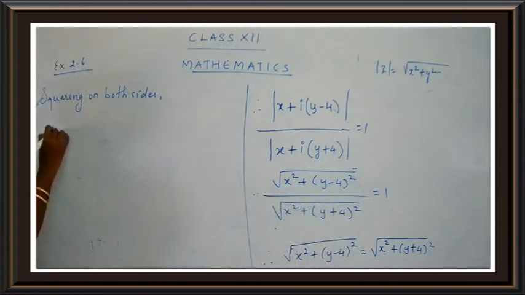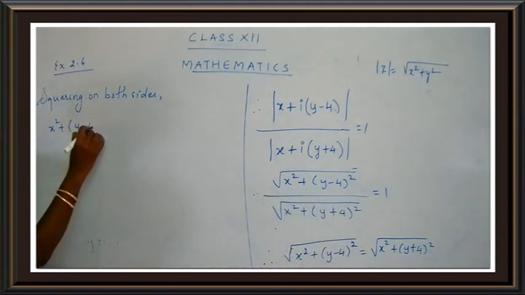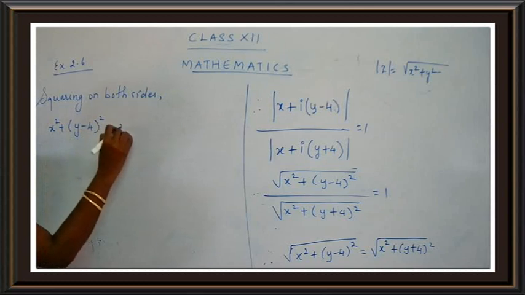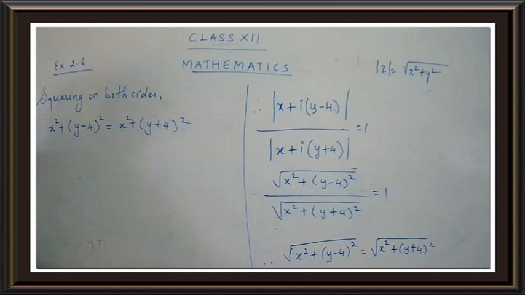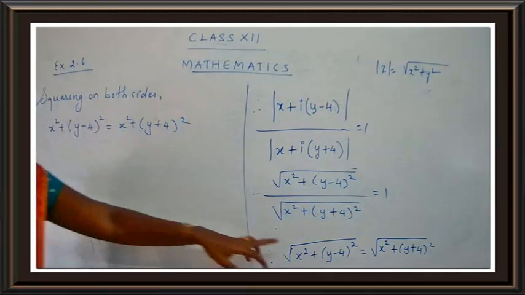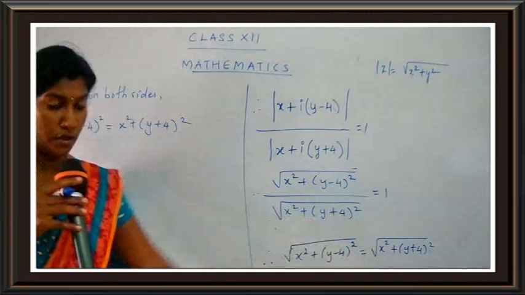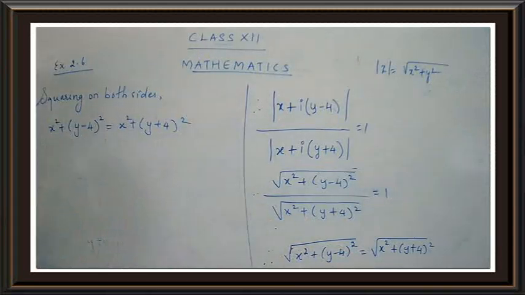So you get x square plus y minus 4 the whole square is equal to x square plus y plus 4 the whole square. Are you getting my point, children? What is left? x square plus y minus 4 the whole square is equal to x square plus y plus 4 the whole square. Okay, now let's cancel out the common terms and expand the expansions.